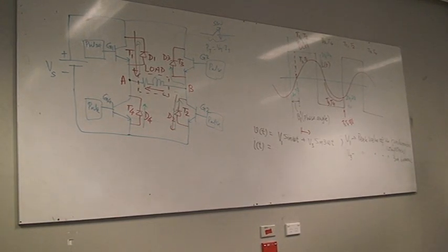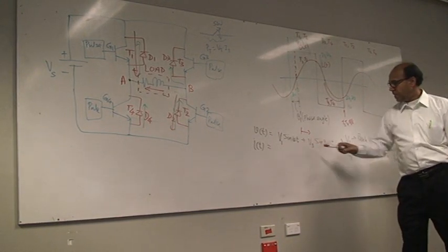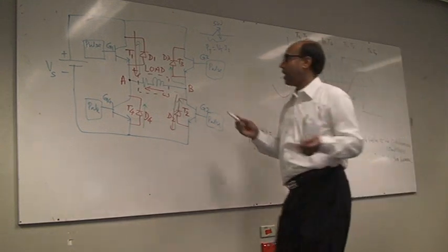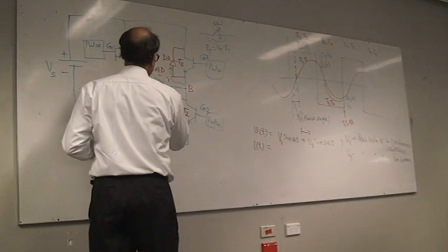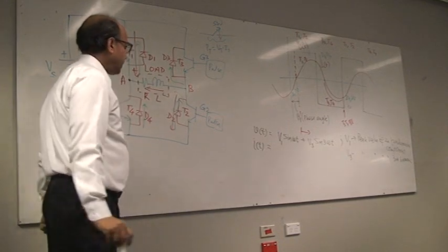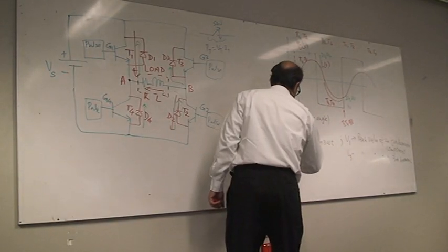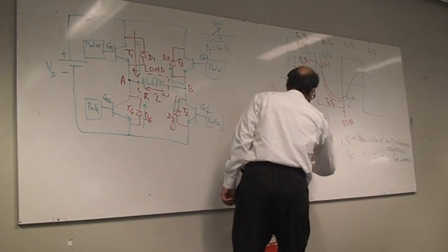So I have got two sources. One is the fundamental V1 sine omega t, another is the third harmonic V3 sine 3 omega t. If my resistance and inductance is R and L, how do you get the current? Let us say the IT is I1t plus I3t.